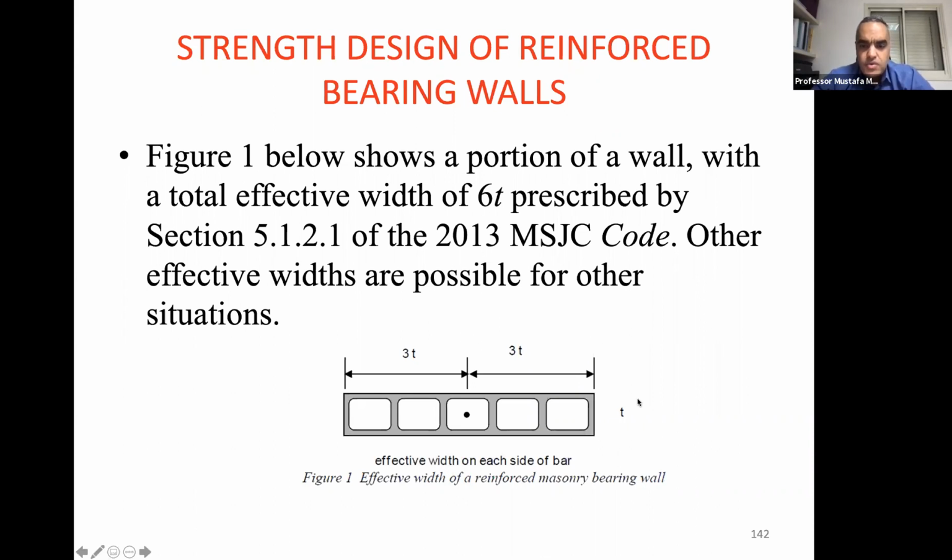Here this shows the thickness of the wall, that's T, and this shows the effective width for one rebar. That's 6 times T, so 3T from each side. When we take a section to design it, that's what we use, 6T by T with the rebar in the middle cell.